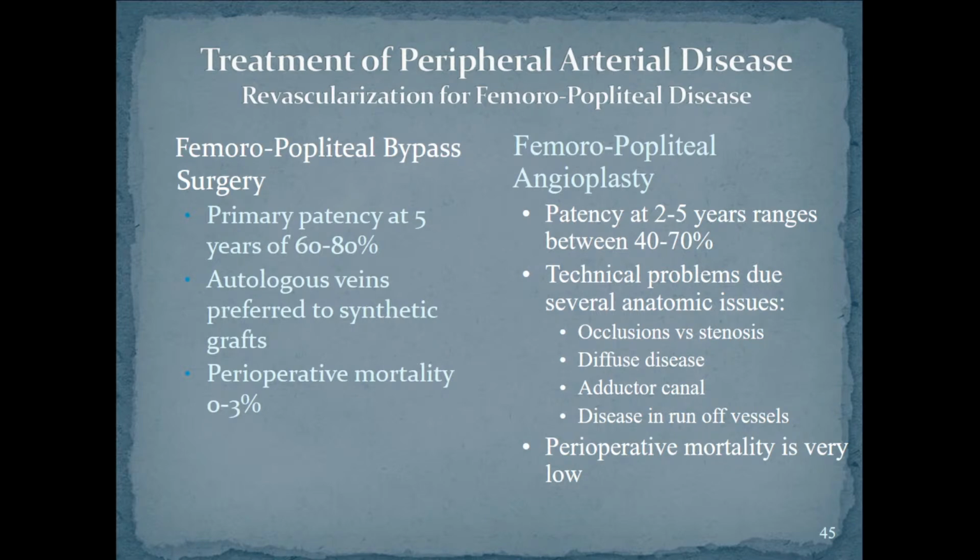Perioperative mortality is about 0 to 3%. And for femoropopliteal angioplasty, the patency at 2 to 5 years ranges between 40 to 70%. Technical problems are due to several anatomic issues: occlusions versus stenosis, diffuse disease, adductor canal, disease in the run-off vessels. Perioperative mortality is very low.